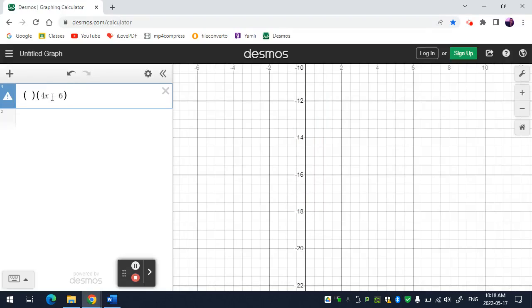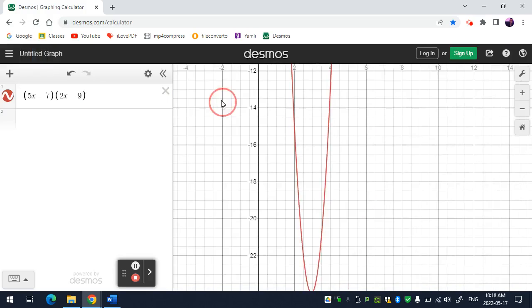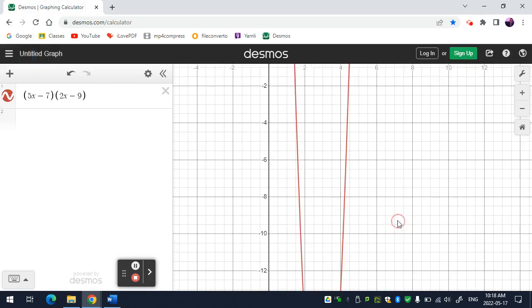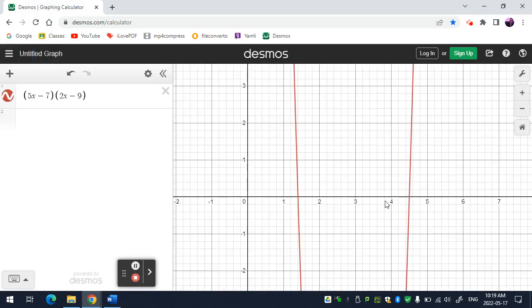What's in it? 5x and the second. 1.4, 4.5. It never fails. And what should be the point in between? 2.95.